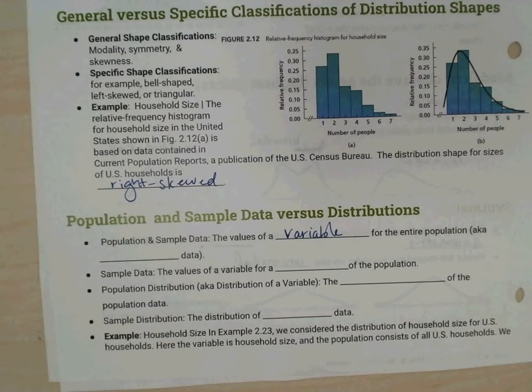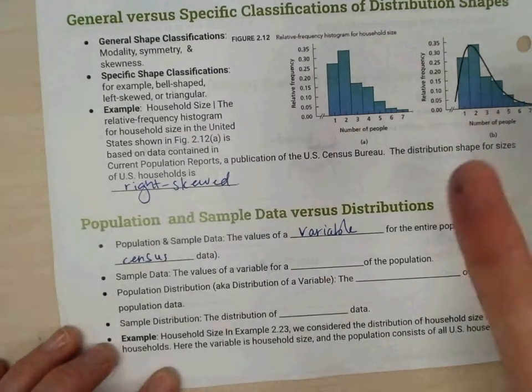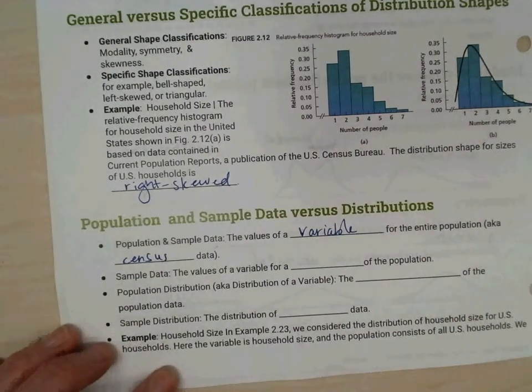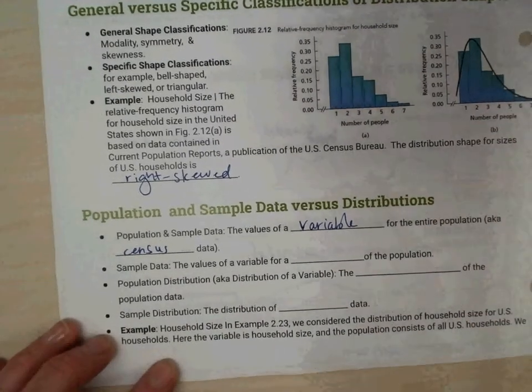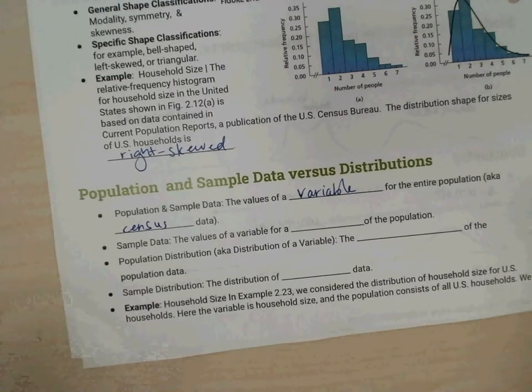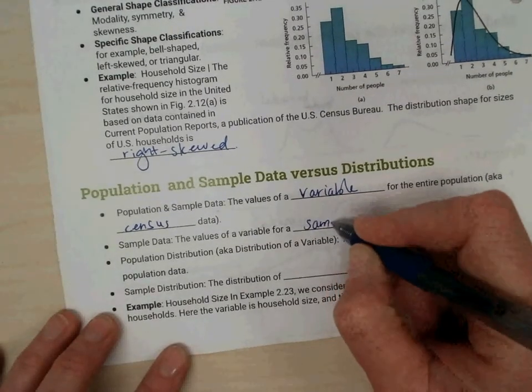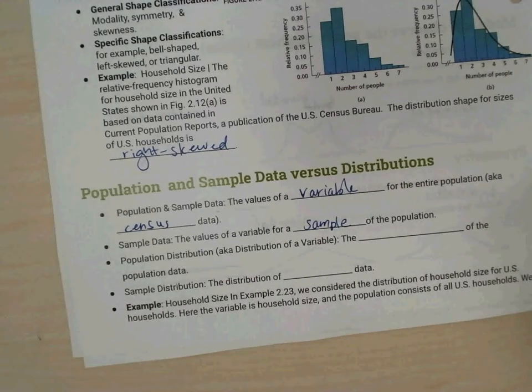I heard it. Not a sample. Census, yes. So occasionally we have all of that information. A census is one of the few times we have access to the full data set. Sample data is the values of a variable for a sample of the population, good.